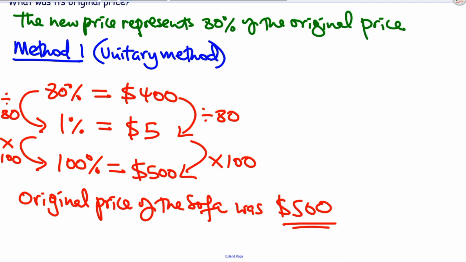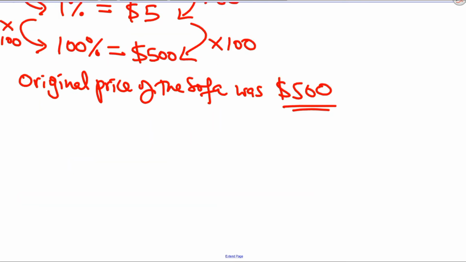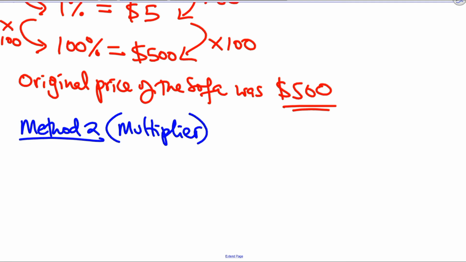Method two is using a multiplier. Now we know that to find a 20% decrease, we multiply by 80% or 0.8. In fact, that's what our multiplier is. But I'll just write this statement here because it will help us to know how to use a multiplier to find the original price.